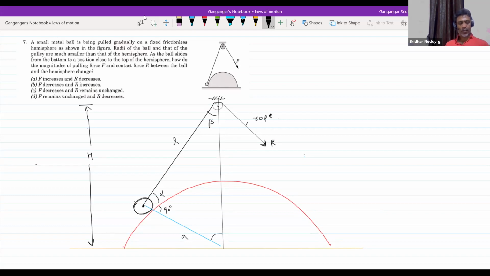And here mg will act. This is theta, 90 minus theta. This will be theta, 90 minus theta. This should be theta. So here the reaction is R.